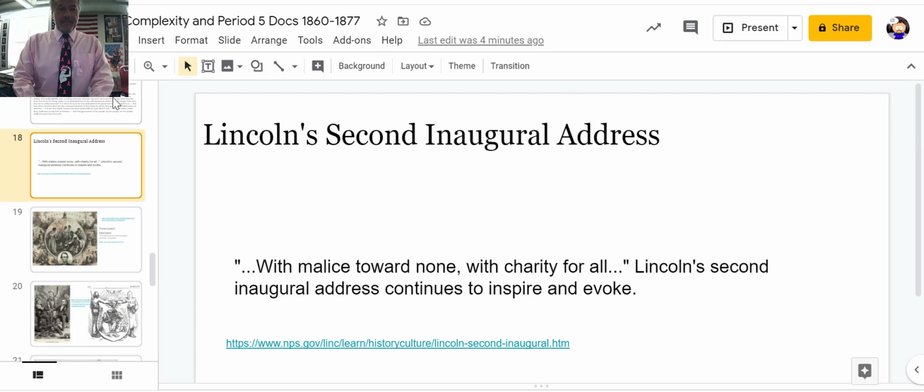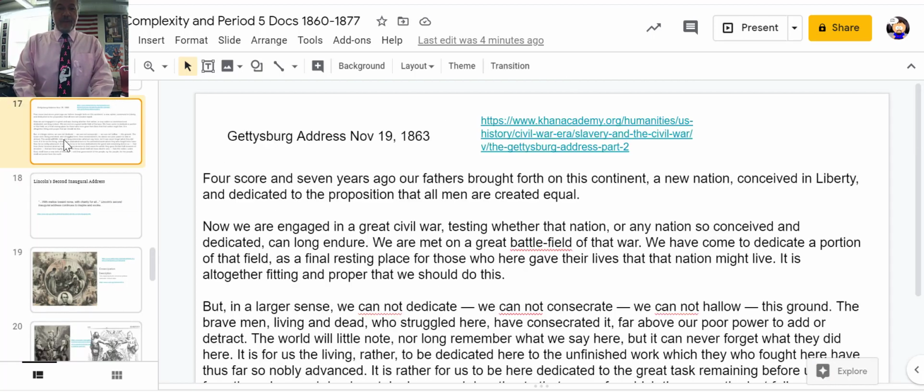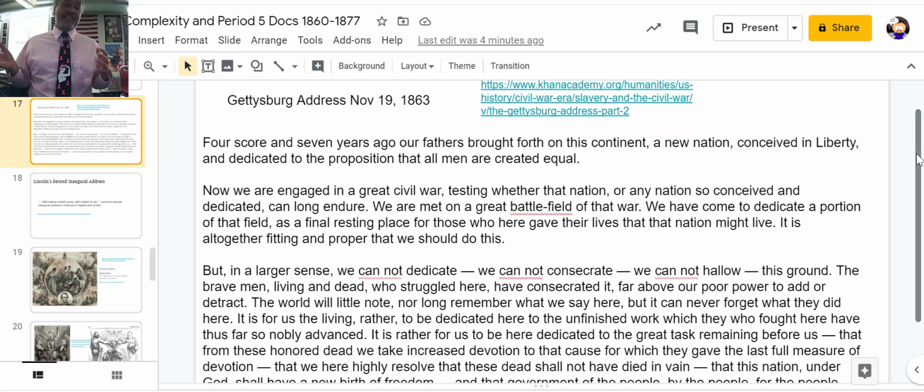Lincoln's, the big one, the big enchilada during this time, of course, is the Gettysburg Address. And dare I say, I think it's more important than the Declaration of Independence. Because he's really trying to say that the Civil War is not over. He says, we are now fighting for a noble cause.